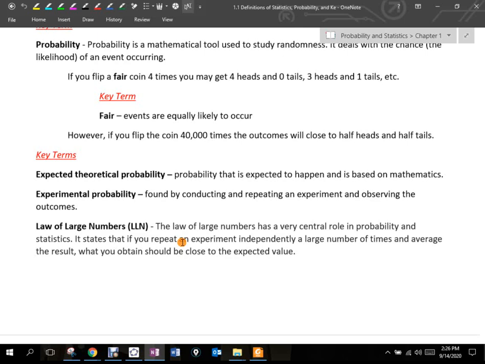So the law of large numbers says the more times you do something, the more times you do an experiment, the more likely that your outcomes are going to model what is expected, or the theoretical probability. So we have theoretical or expected probability, and that's what we should expect to happen based off a mathematical concept. Experimental probability is actually doing the experiment. It's actually flipping the coin.